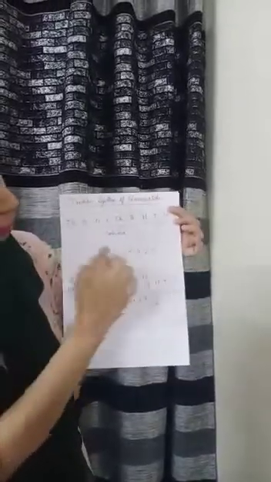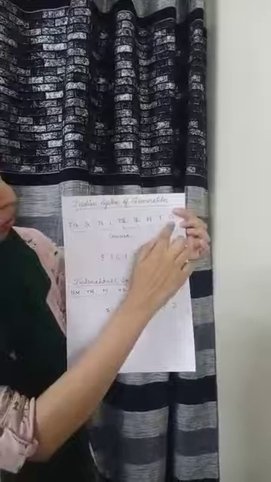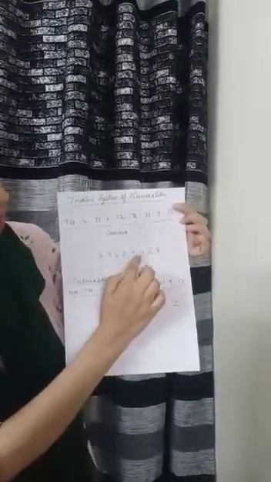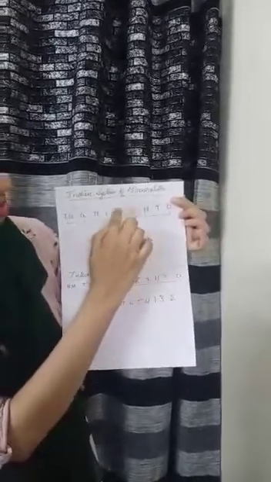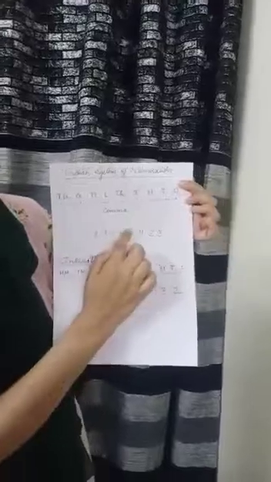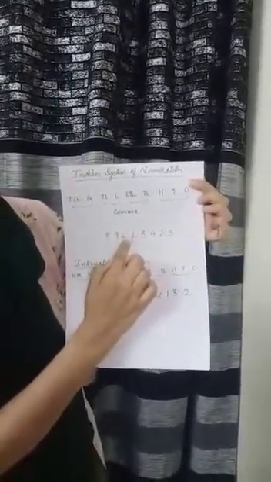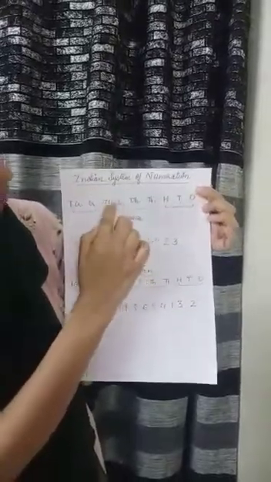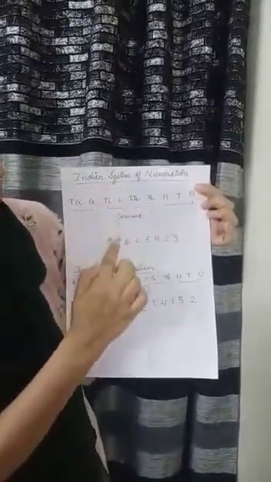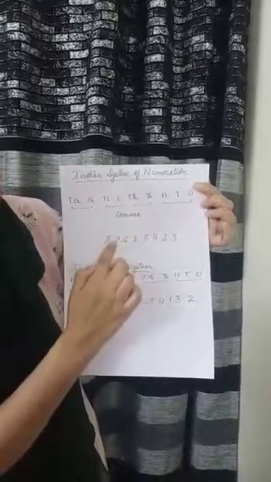How will we put the commas? 1, 2, 3 in one family. 1, 2, 3. We are going to put a comma over here. Then 1, 2. This is the 1,000 family. Next, we put the comma over here. From here, 1, 2 and over here. Next is the lakh family. 1, 2. Again 1, 2 and over here. Got it? I hope it is clear to you, the Indian system of numeration.